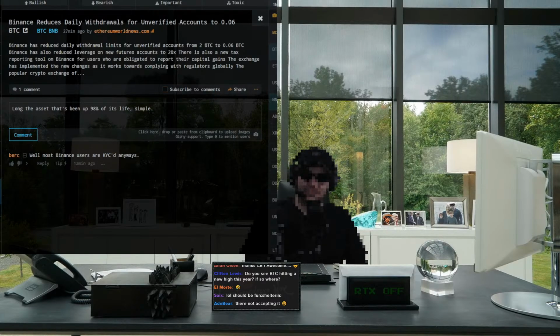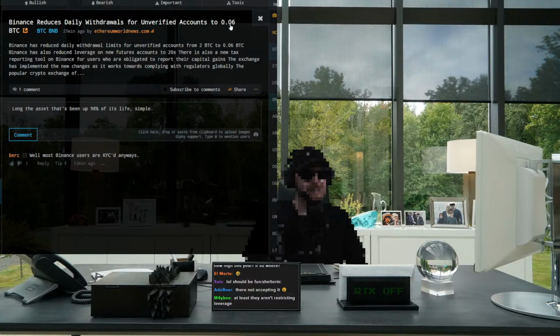But yeah, so now these guys, Binance is the worst of the bunch, the worst offenders ever. But unverified accounts, this is now less than 2 Bitcoins. Guys, it was 2 Bitcoins for unverified accounts. Now it's 0.06.